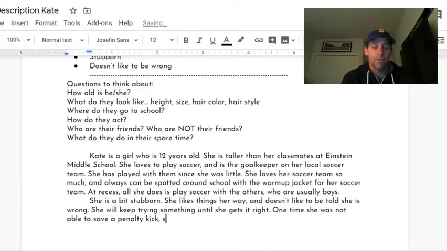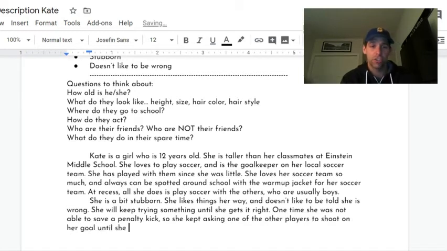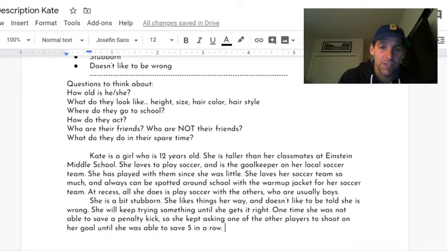So she kept asking one of the other players to shoot on her goal until she was able to save 5 in a row. And this idea that she doesn't want to be wrong. She doesn't want to lose. So in this case, she kept doing it. She kept doing it. And then here, because this is really not fitting in there, I'm actually going to add another paragraph. So I'm going to go as far as a third paragraph.